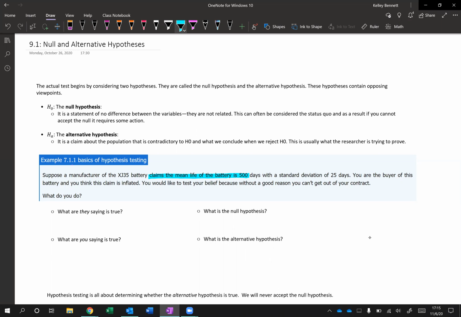So this standard deviation of 25 days is a little bit of a red herring for right now. We do need that information when we determine how to more precisely conduct these tests. But in stating the null and alternative hypotheses, we just need to know what they're claiming about the mean. So they're saying that the average battery life is 500 days.